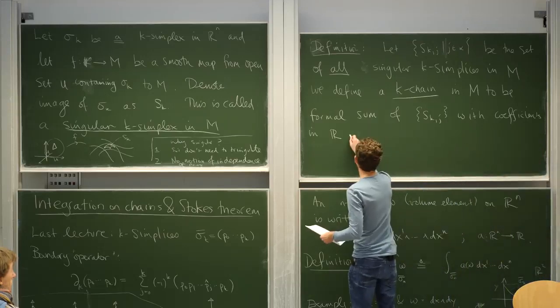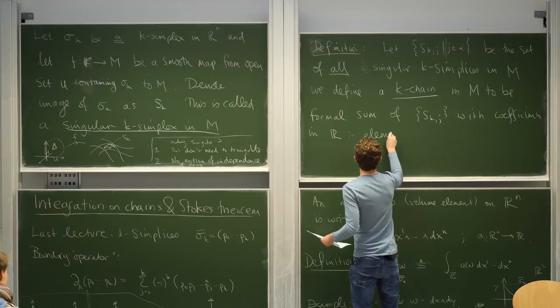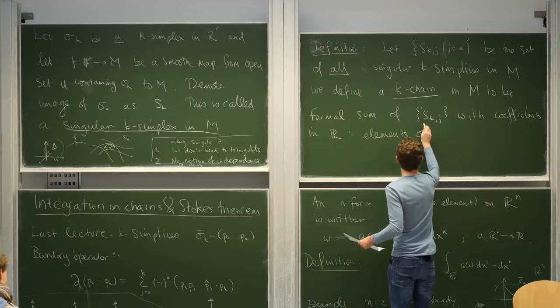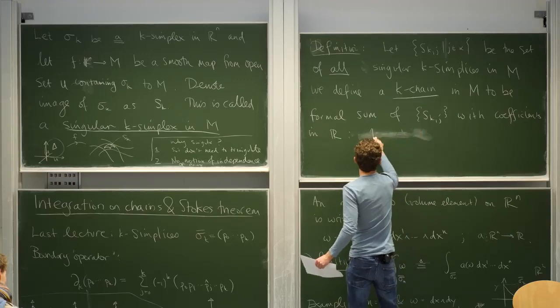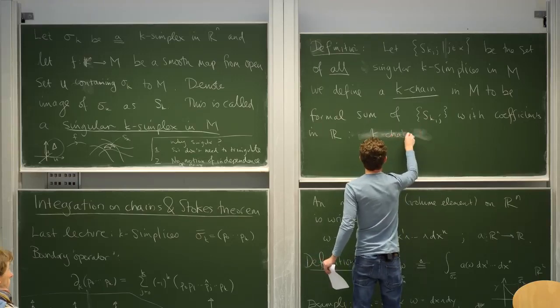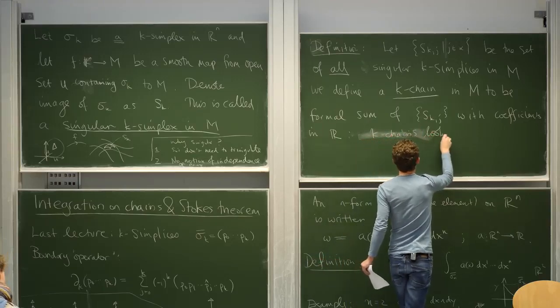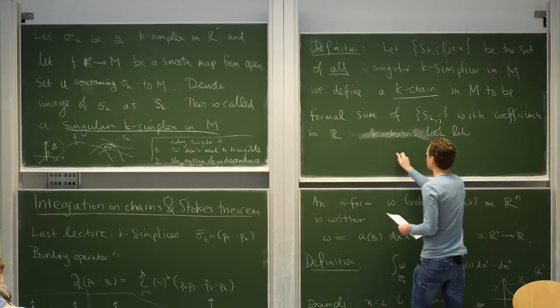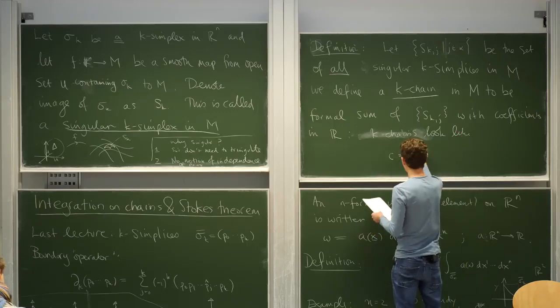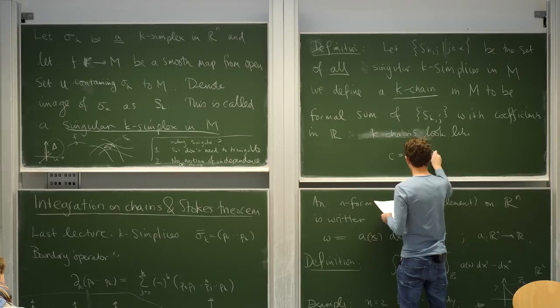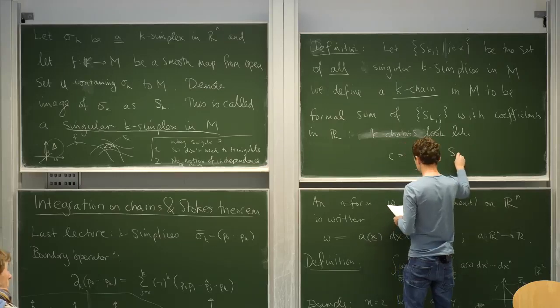So elements look like, well, let's see. Here's an example of a k-chain. I've written R, but I mean k.